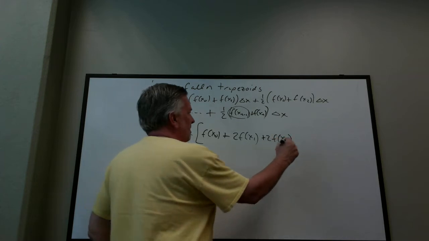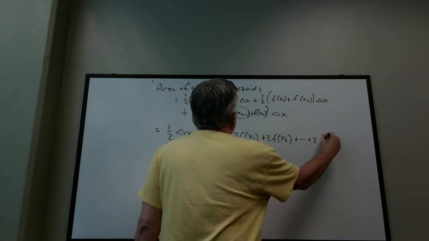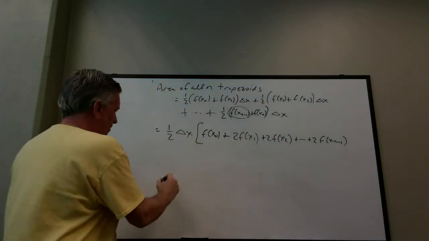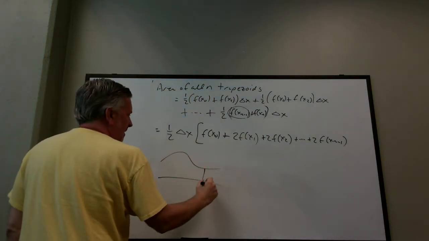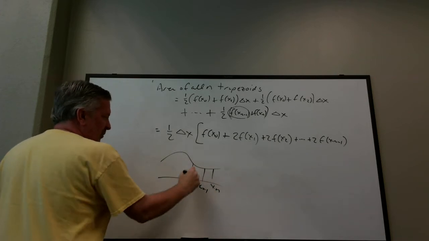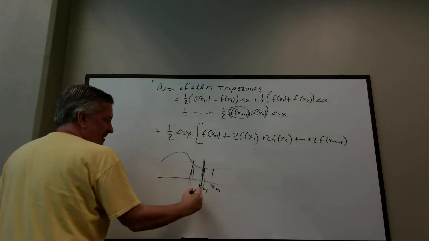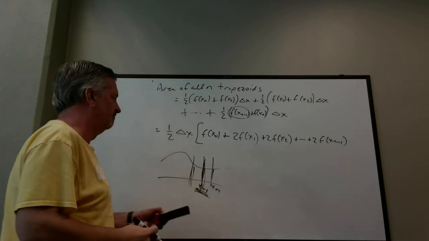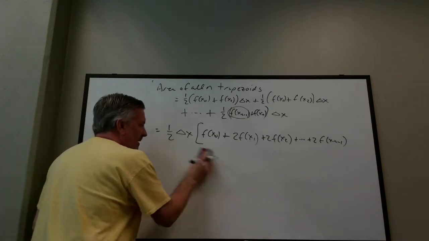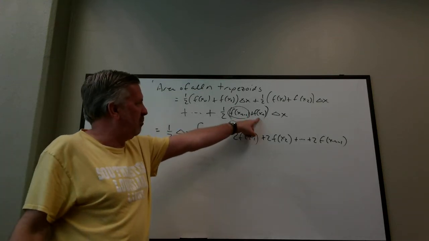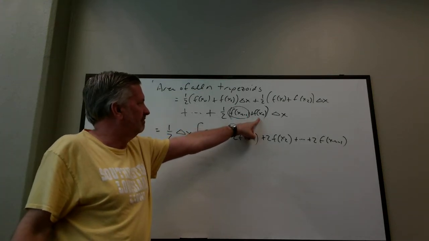So we're going to have dot dot dot 2f of xn minus 1. Again, when you think about that picture, here was xn, here was xn minus 1. So when you do this interval, you count xn minus 1, and when you do this interval, you count xn minus 1. So it shows up twice. Now what about xn? F of xn only shows up once.